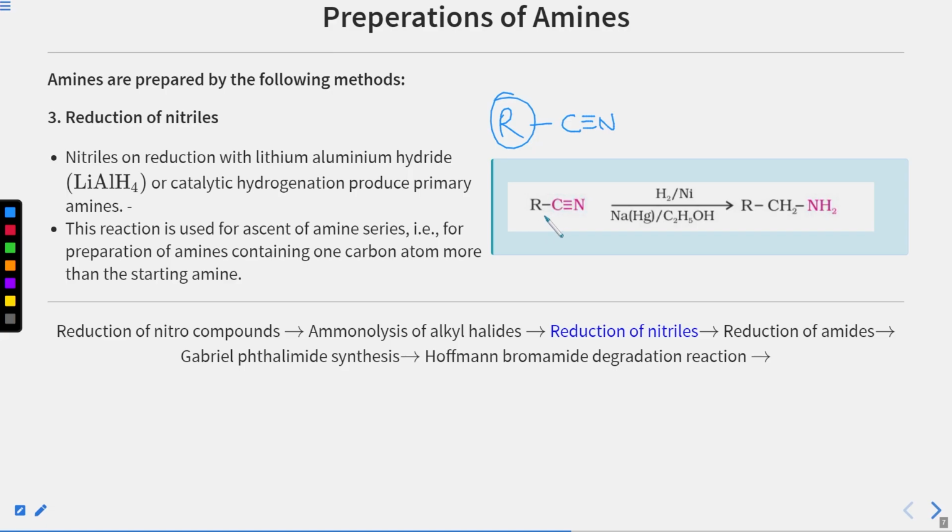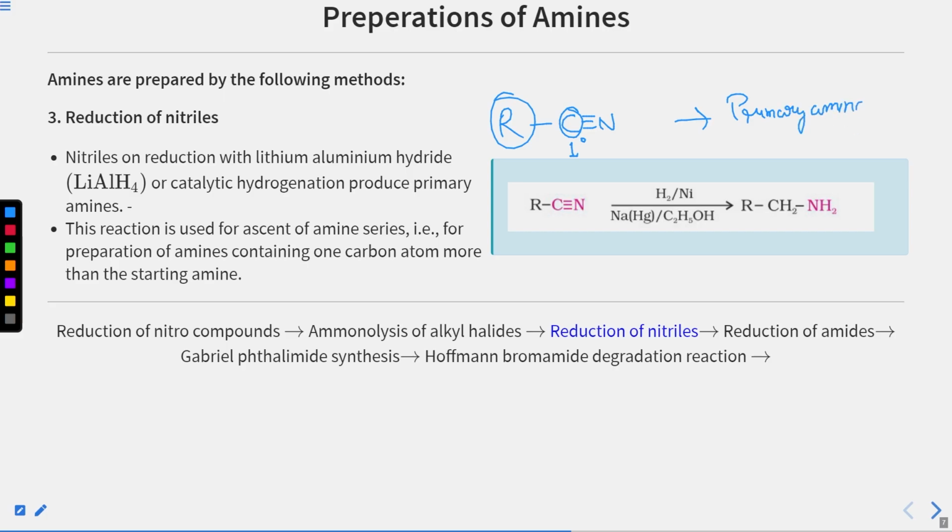Only one alkyl group can be attached because in this nitrile, 3 bonds are already with this nitrogen. Therefore, it is a 1 degree carbon. Now, no matter which reduction method we utilize, we cannot change the number of R groups attached to this carbon. Therefore, it will result in a primary amine only.